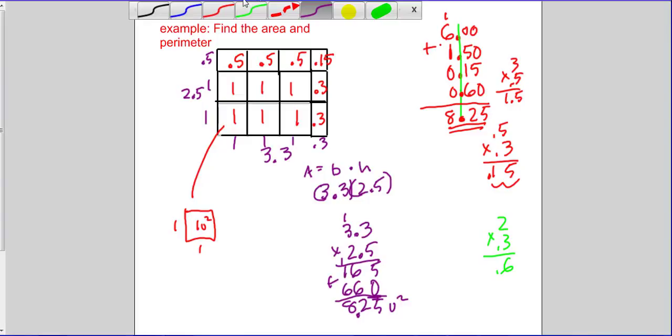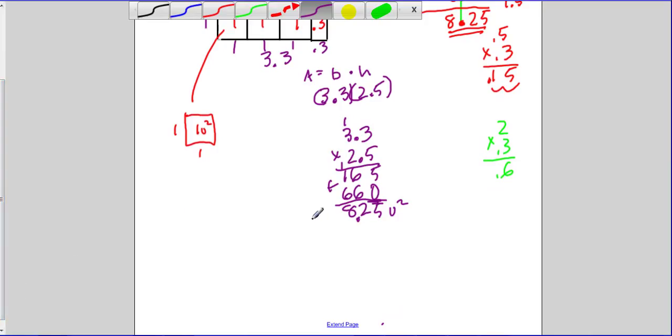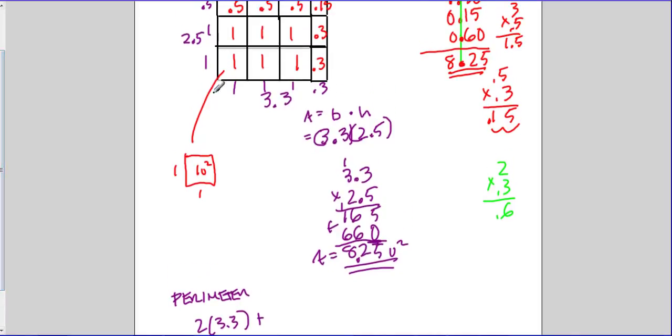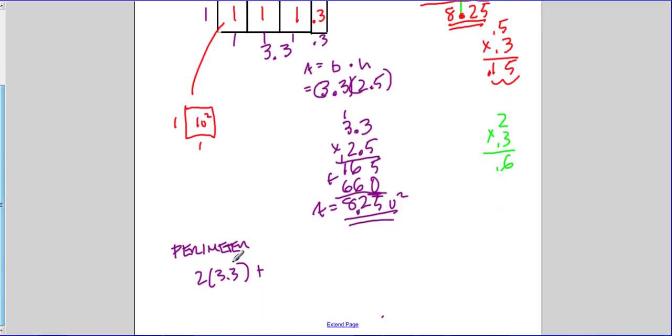The perimeter is the same idea. You're adding up the sides. I got 3.3. I got 2 of those. So this was my area. My area was 8.25 square units. The perimeter: I have 2 3.3s, and I have 2 2.5s.